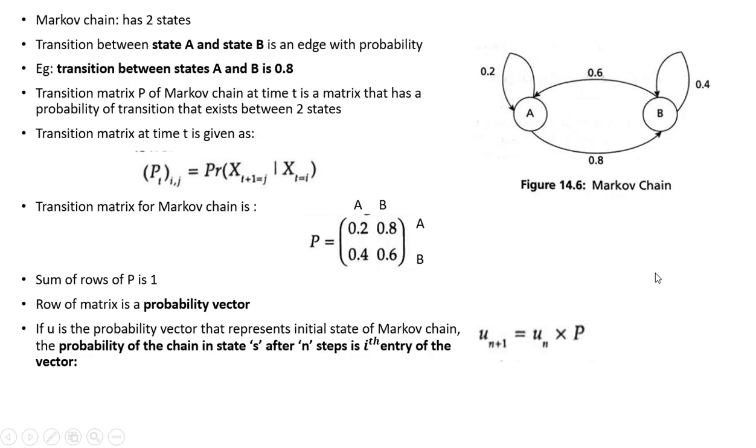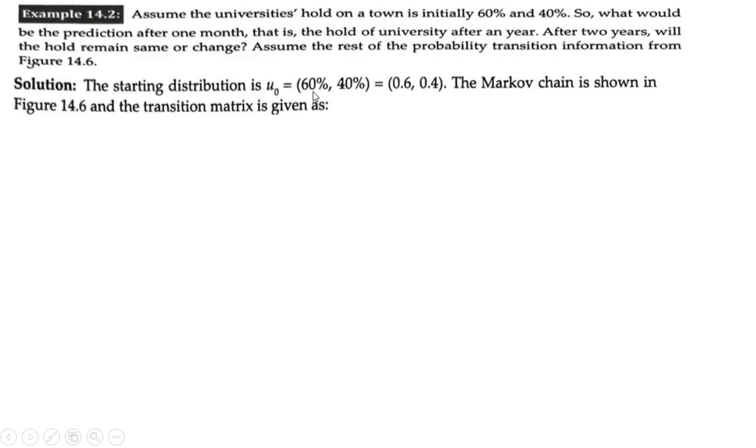Based upon this, we have one more equation, which we call U. U is the probability vector that represents the initial state of the Markov chain. The probability of the chain in state S after n steps is the ith entry, which we write as U(n+1) = U(n) into P. Let's understand this better with a problem, the same problem with respect to the universities.